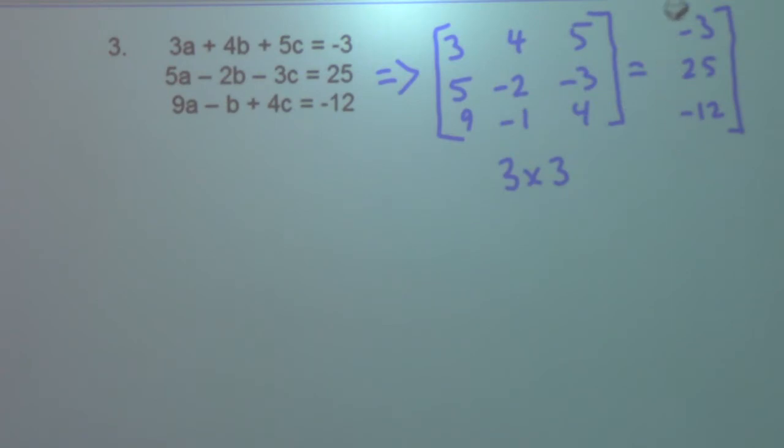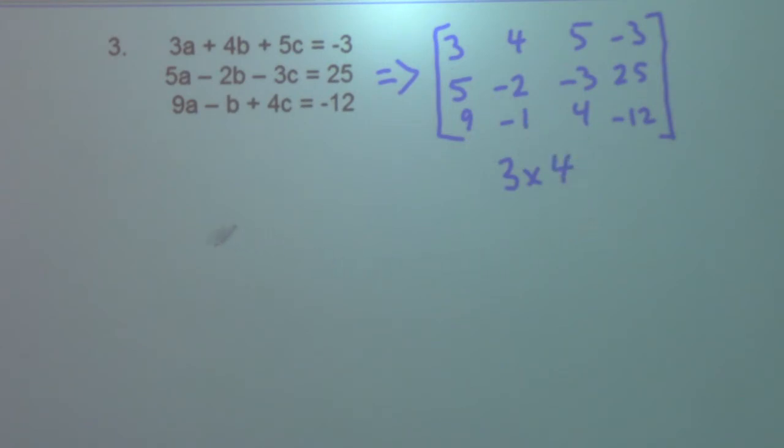I'm going to take this matrix over here and move it right up here like this and use that as a single augmented matrix. And this is what we call a 3-by-4 matrix.